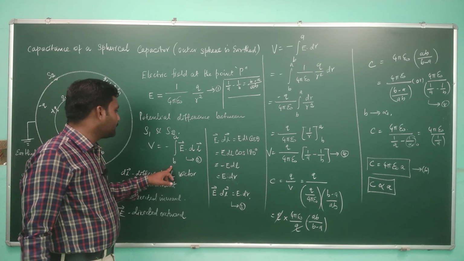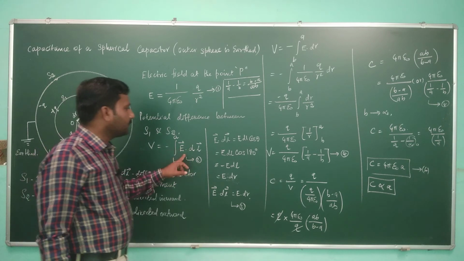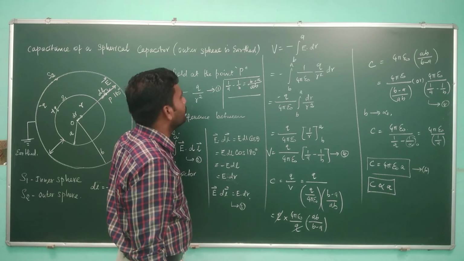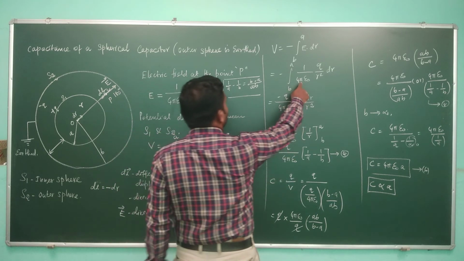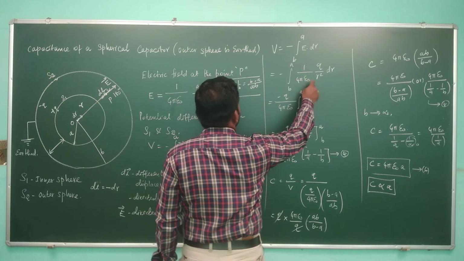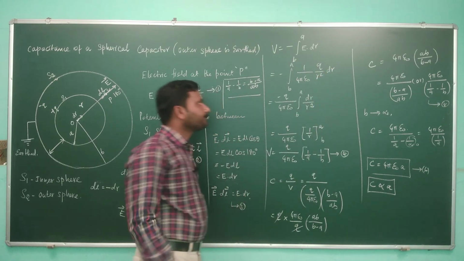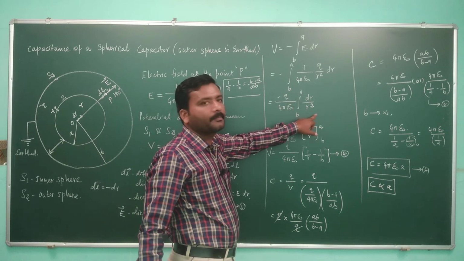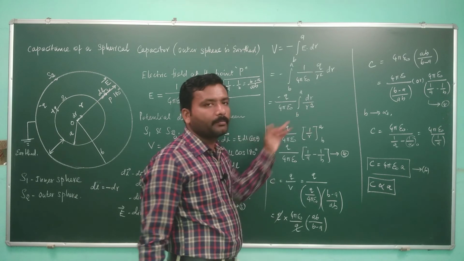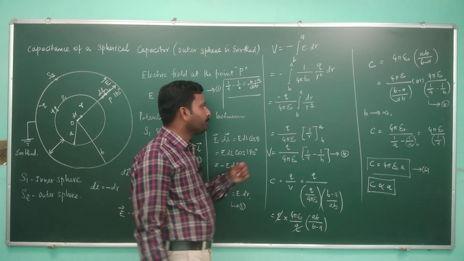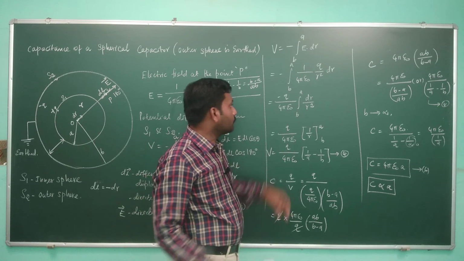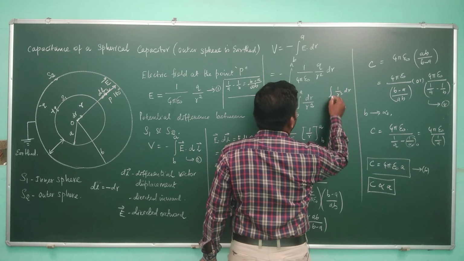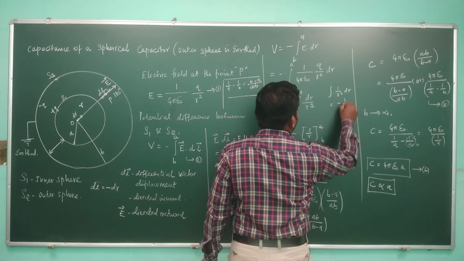So V is equal to minus integral from b to a of E dr. Now we can substitute, since this is a magnitude equation, E as 1 by 4 pi epsilon naught, q by r square, into dr. Here q and 4 pi epsilon naught are constant, so the integral from b to a of dr by r square remains. The integral of 1 by r square dr is equal to minus 1 by r.